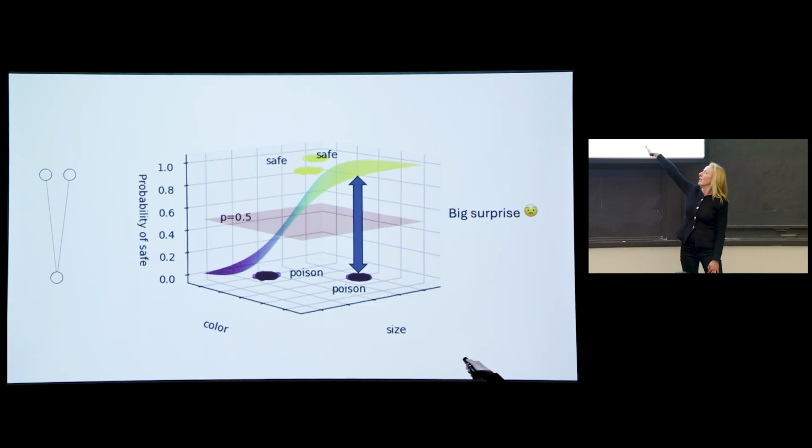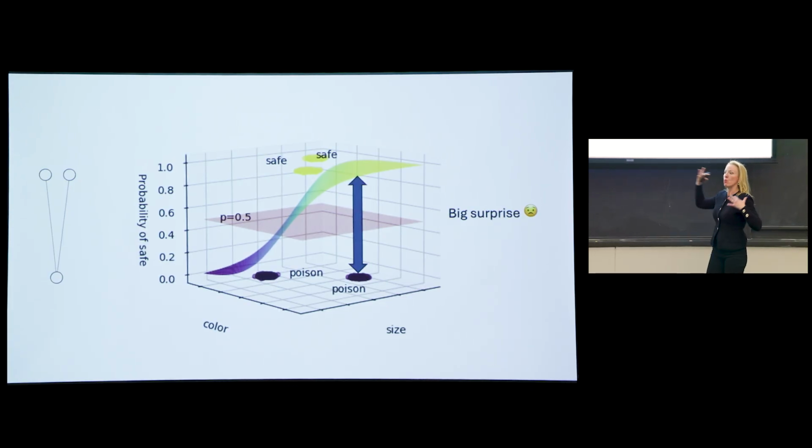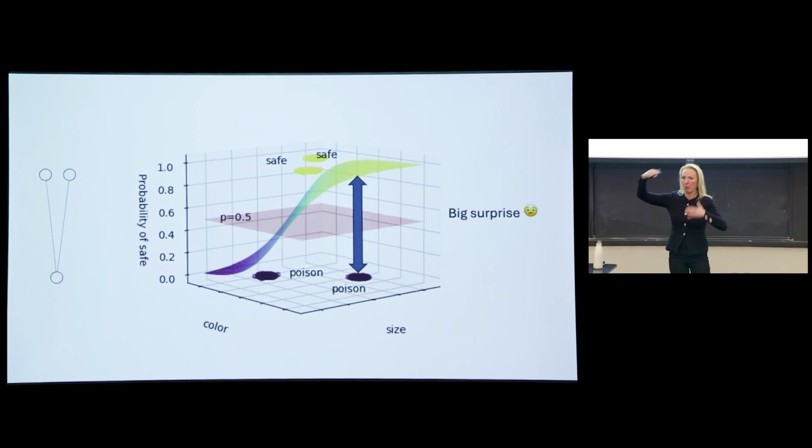We're assigning very high probability to being safe, but in fact, these berries are not safe. Very big surprise, big loss. This is a quantitative way of seeing what goes wrong with this model. It's got a big loss. We can't do better given its mathematics, but we're unfortunately very surprised in a very bad way here.